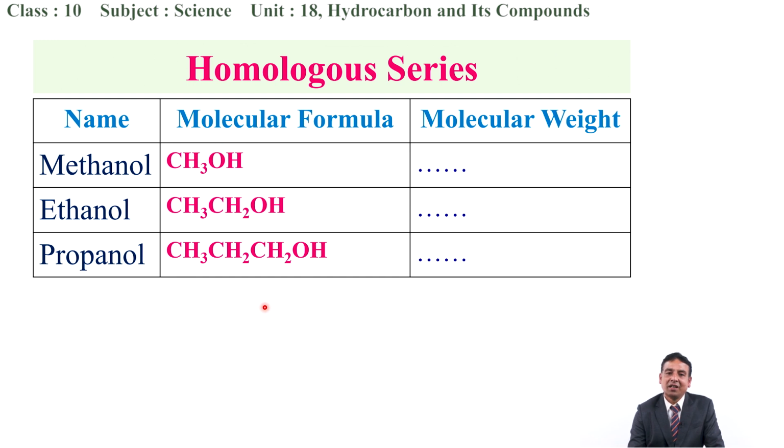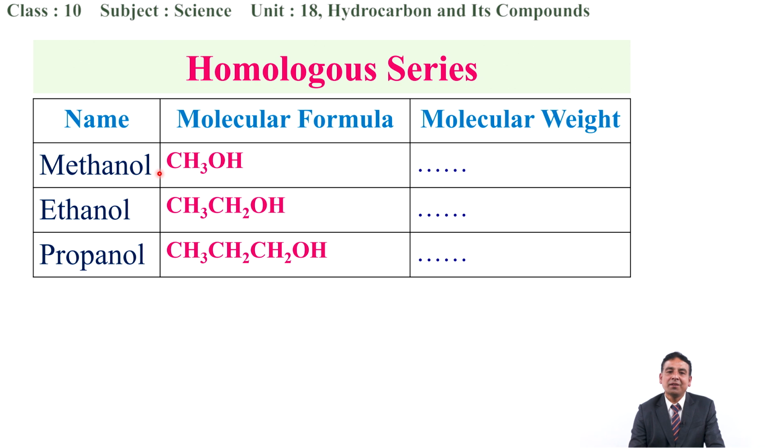Obviously the first one. That means the first compound and second compound, through the molecular formula, differ by CH2. As well as the difference through the molecular formula between the second and third is again CH2. And what would be the molecular mass? Can you guess?